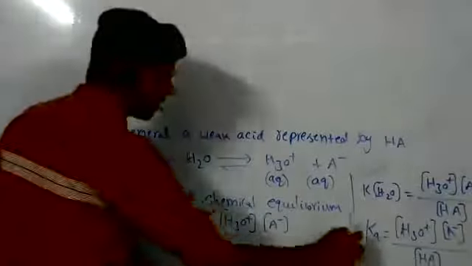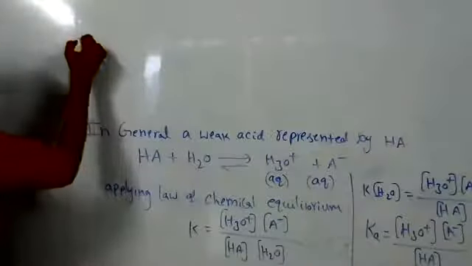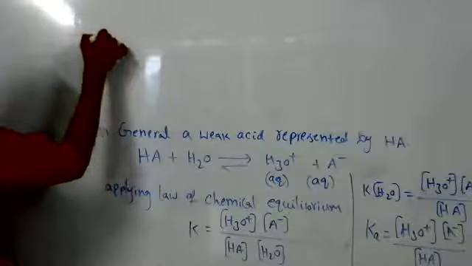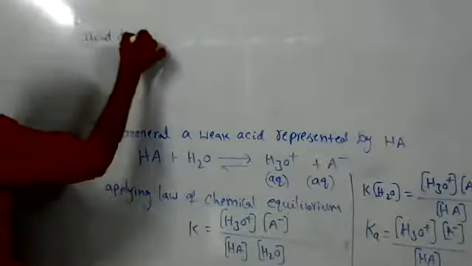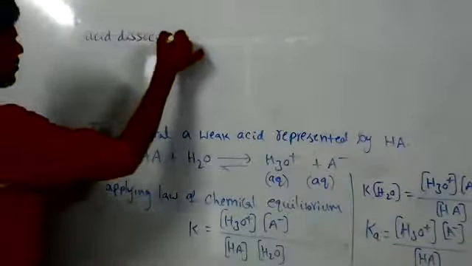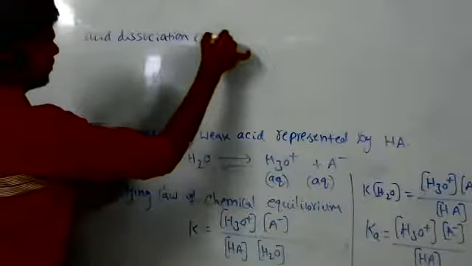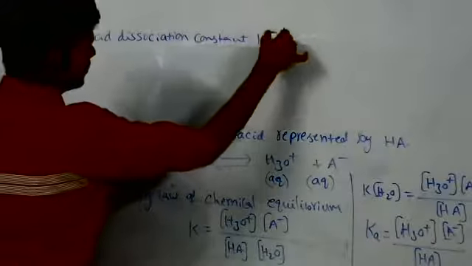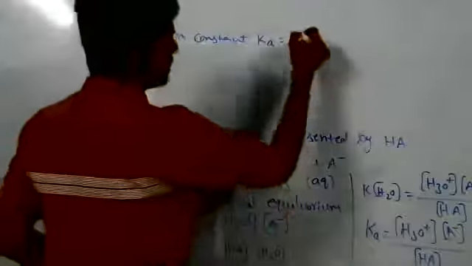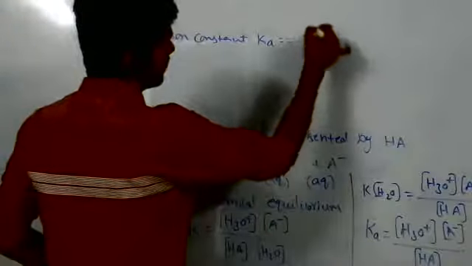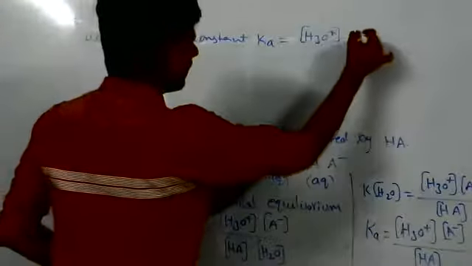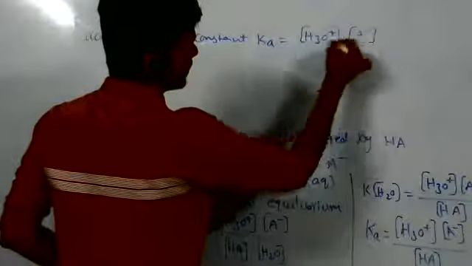So this step you may write directly: acid dissociation constant Ka is equal to H3O plus concentration into A minus concentration divided by HA concentration.